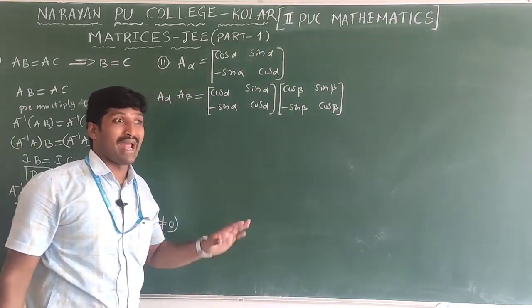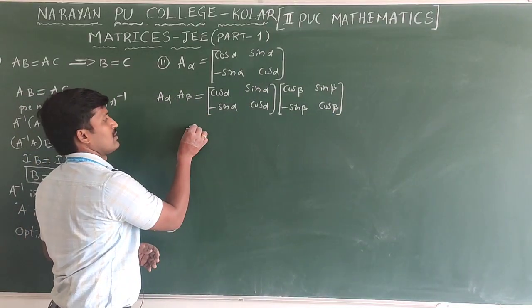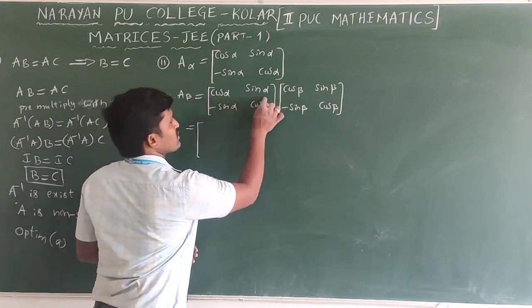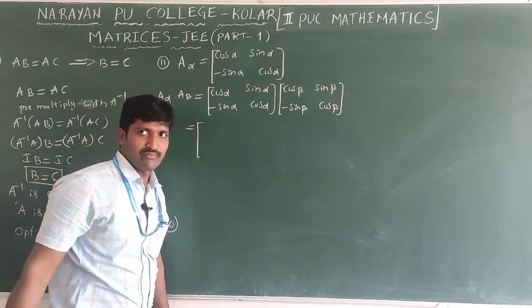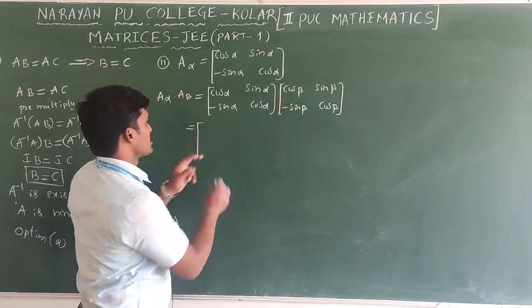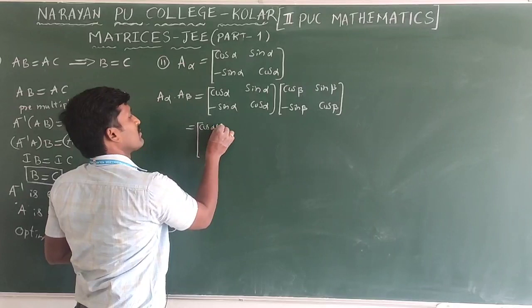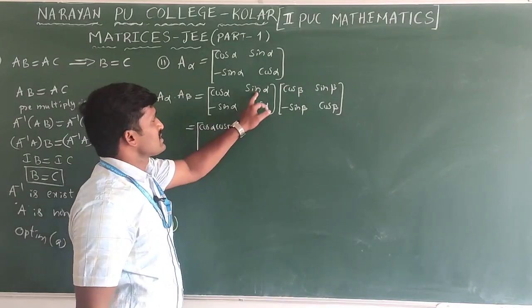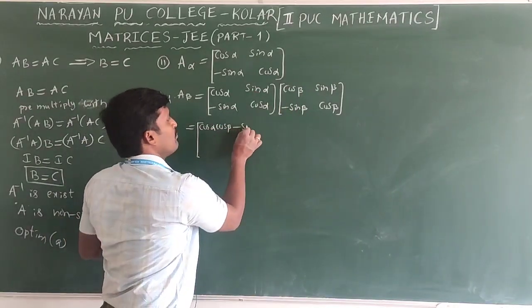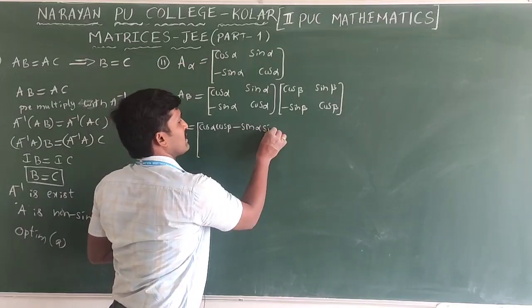Now to multiply two matrices. First row with first column: cos alpha into cos beta, next sin alpha into minus sin beta, that is minus sin alpha sin beta.